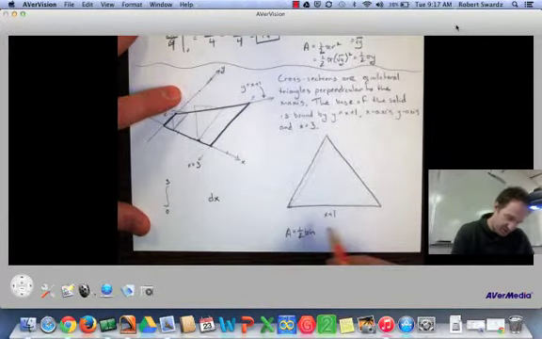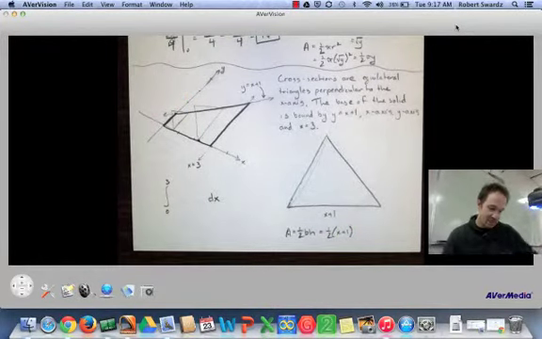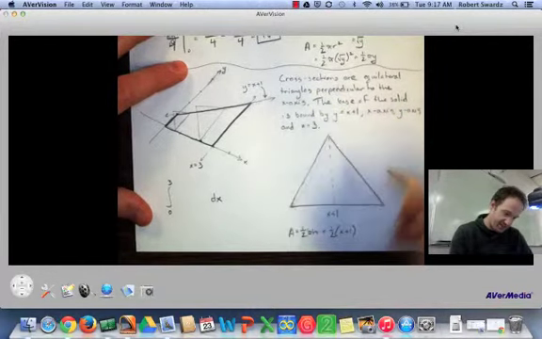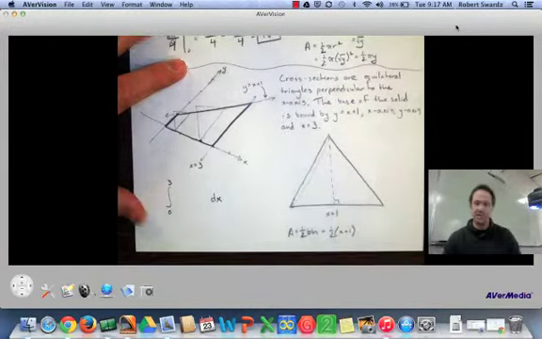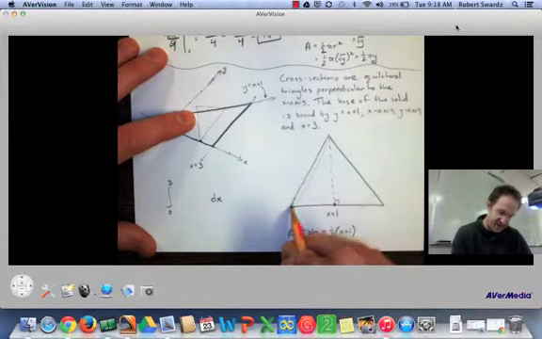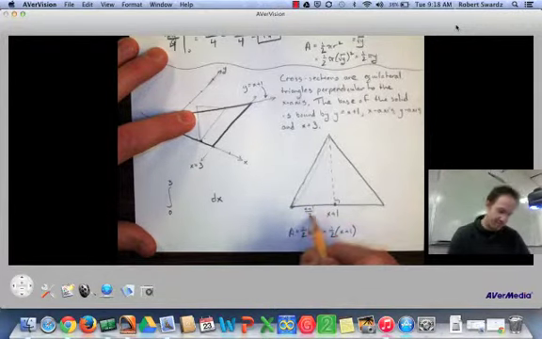Okay. So it's going to be 1/2 times x plus 1. Now the height is this. Since this is an equilateral triangle, from here to here, that's half of our base. So that's going to be x plus 1 over 2.